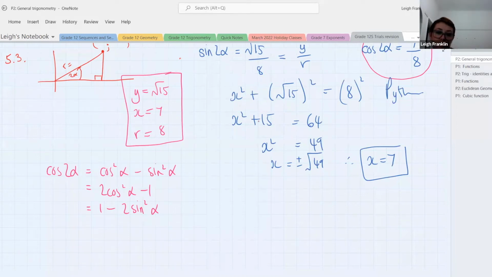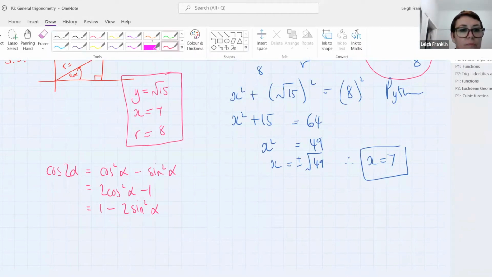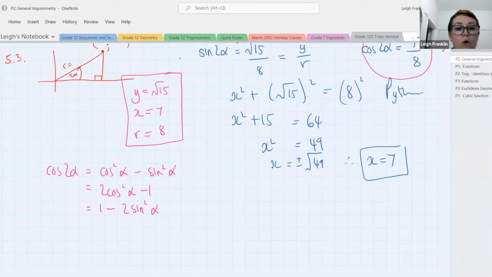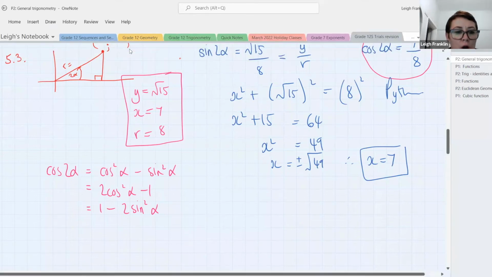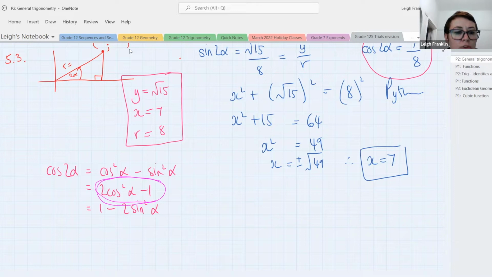What could we use? Cornelia, I'd use the middle one. Yeah, Tisha, even me. That's the one that I would use because we want cos alpha on its own, don't we? So I would do this.